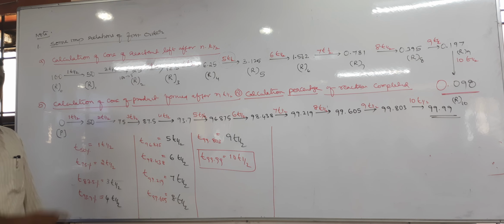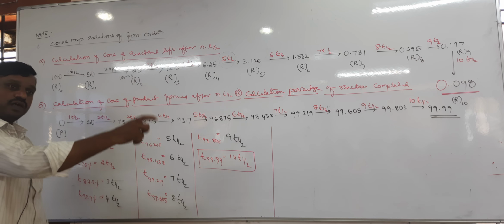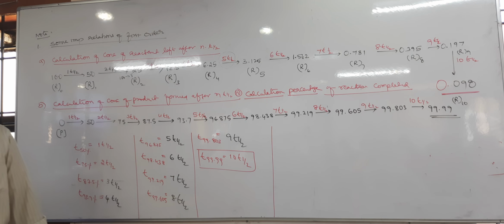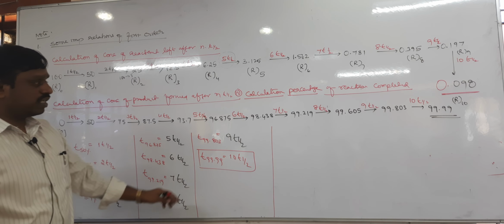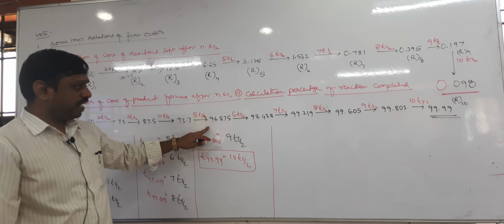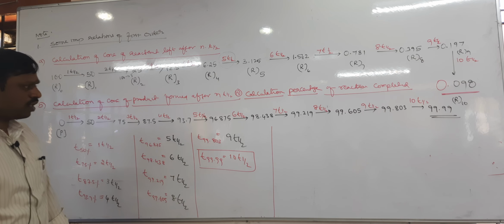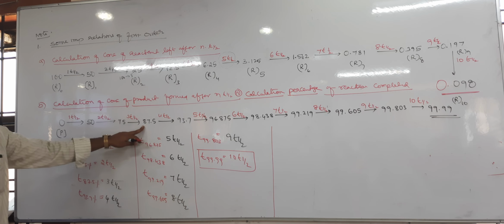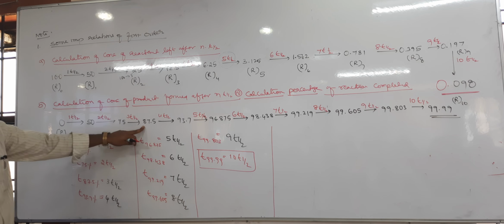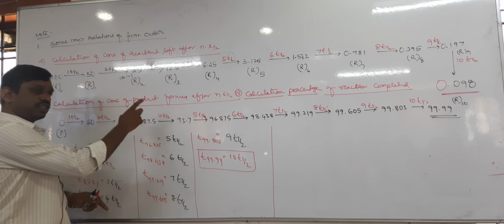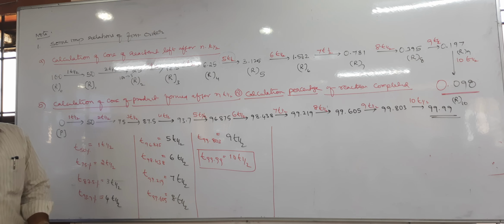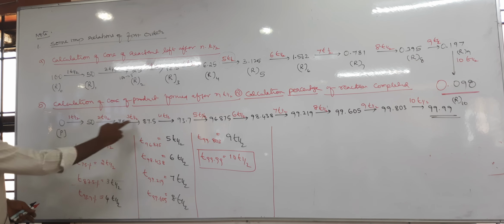So by giving the percentage of the reaction completed, they expect the time required. Next, they will give the time. If the reaction follows first order kinetics, to complete 87.5% of the reaction, 20 minutes is required. Then what is the t half? 87.5% is 3 t half.